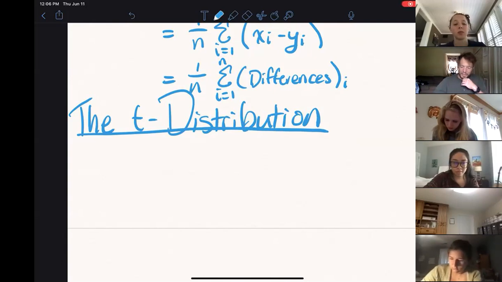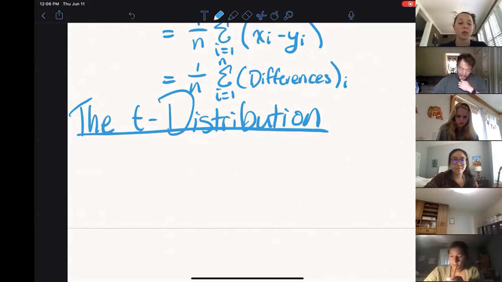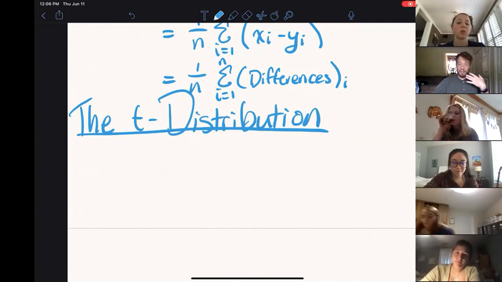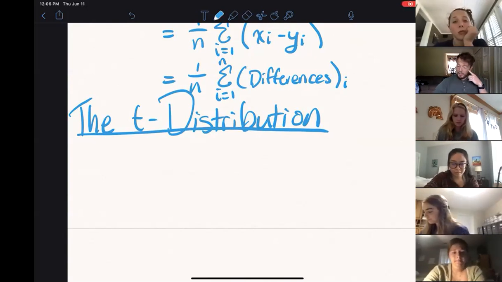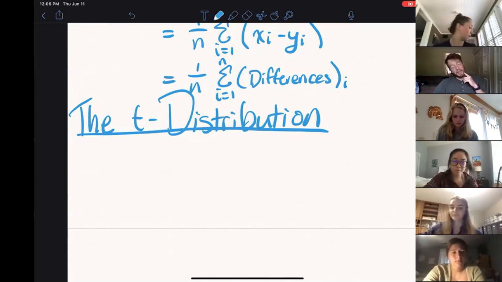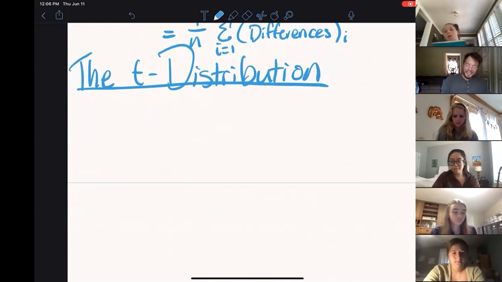So the t-distribution is just another probability distribution, just like the normal, the uniform, or any of the other ones that we've talked about. It comes up in a lot of different places in statistics, and there's one application of it that we're going to learn, which is sort of the intro to thinking about the t-distribution. So I'm going to start by motivating why we might need it, then talk a little bit about what it is, and then do a lot of examples. So without further introduction, let me jump in.